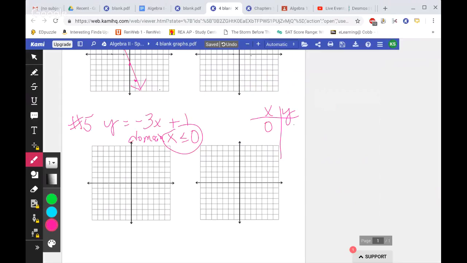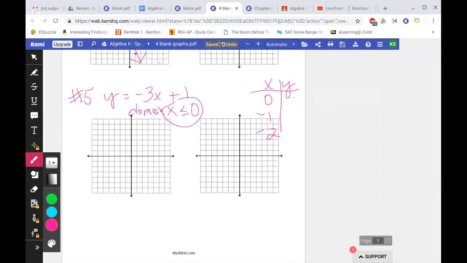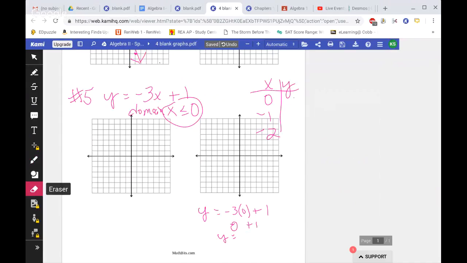I can pick 0, and I can pick negative 1, and I can pick negative 2. So now what I'll do is plug those in. If I pick 0, that's going to give me y equals 1, my apologies. So when x is 0, y is 1.